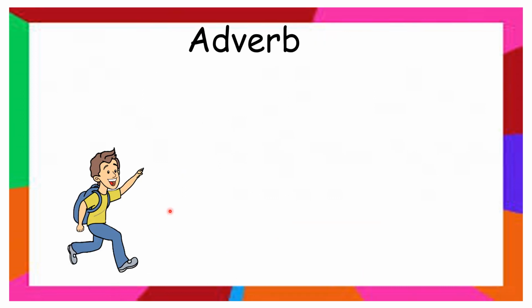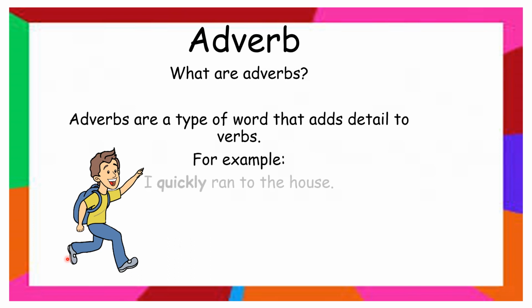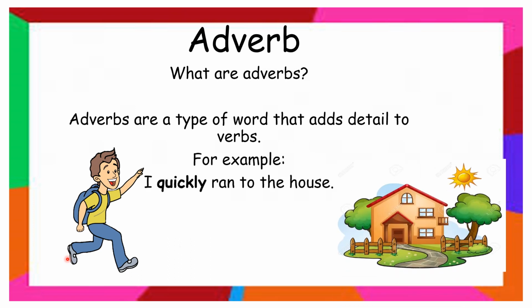Now, what is an adverb? Adverbs are a type of word that gives us more information about verbs in a sentence. For example, I quickly ran to the house. While adjectives give us more information about nouns, adverbs give us more information about verbs.